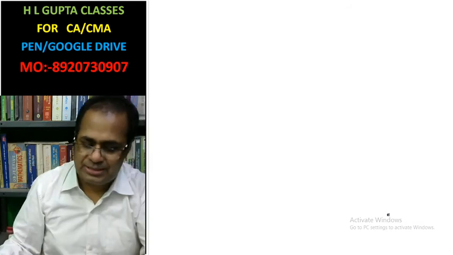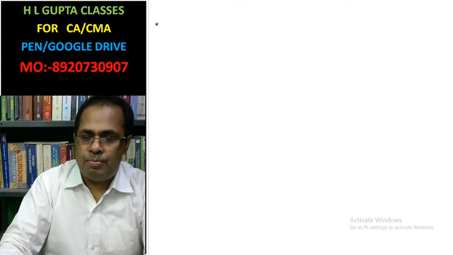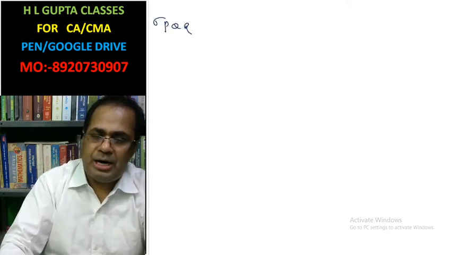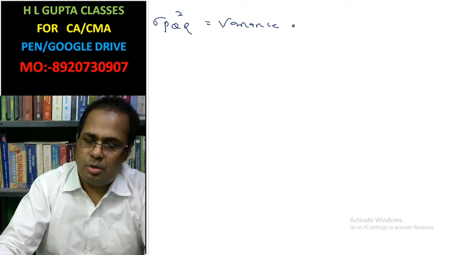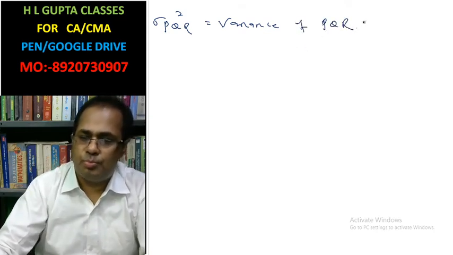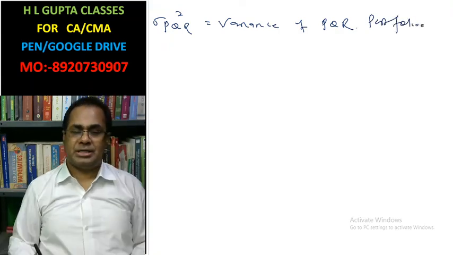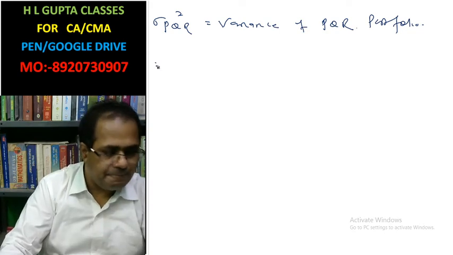What is the variance here? If you write here, the standard deviation of PQR squared, the variance of the PQR portfolio, after squaring, the square root gets cancelled.